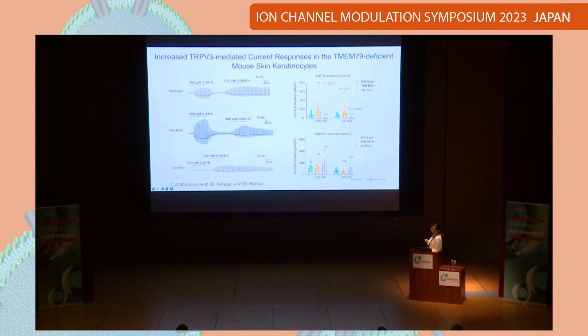So this is in line with the result we acquired in HEK293 cells, in which the overexpression of TMEM79 downregulates the function of TRPV3. And the TRPV3 knockout keratinocytes here were used for checking the specificity of 2-APB.